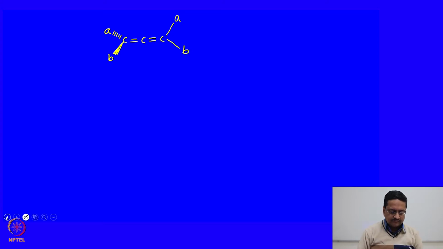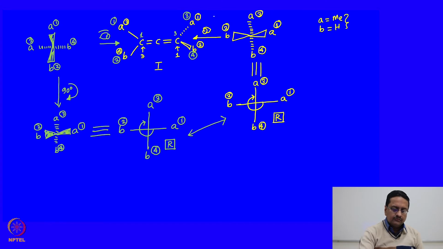Just to compare, if you draw the mirror like this for that particular compound, which has A and B groups, let us draw it here and then we will take it back.